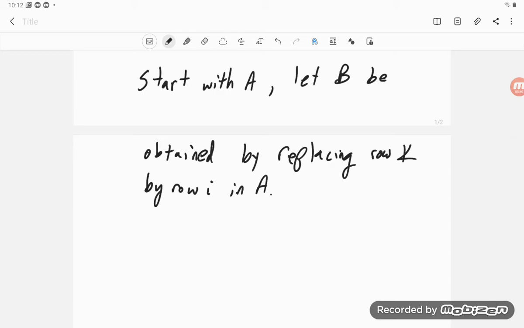So we know its determinant is 0, right? So the determinant of B is 0.